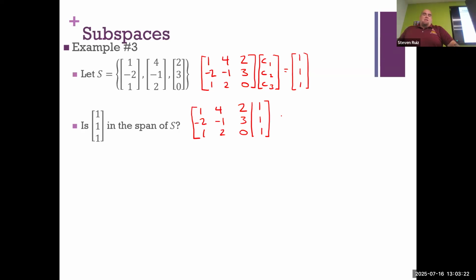But let's try to solve this thing. So how can we do that? How can we start trying to find a solution to this? Gaussian elimination. So we can try to go for that upper triangular form. If we get there, then we can probably do the rest.